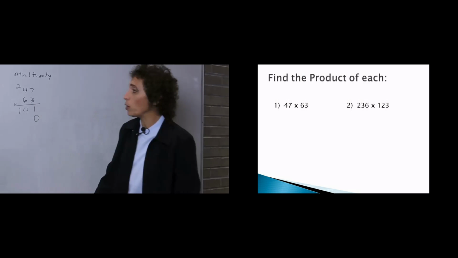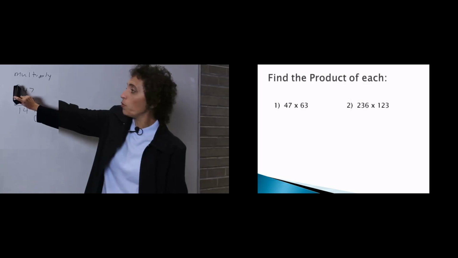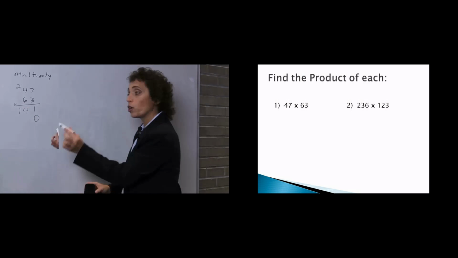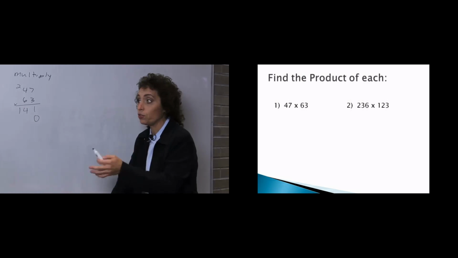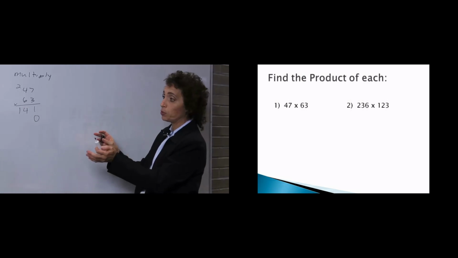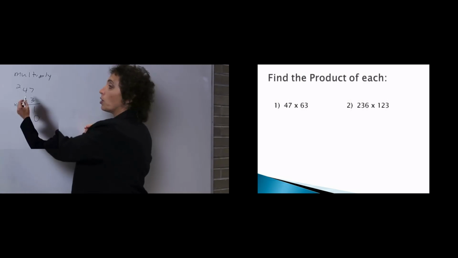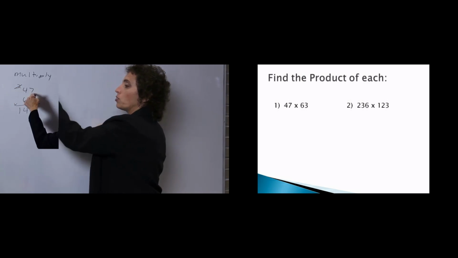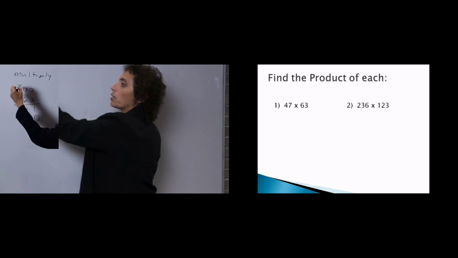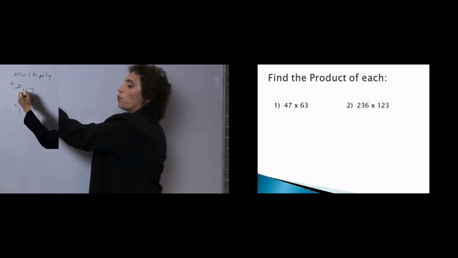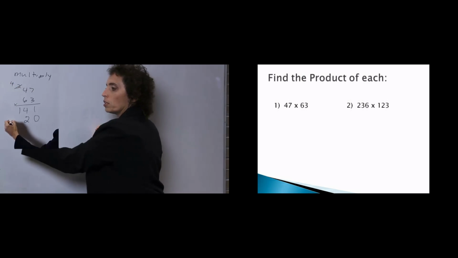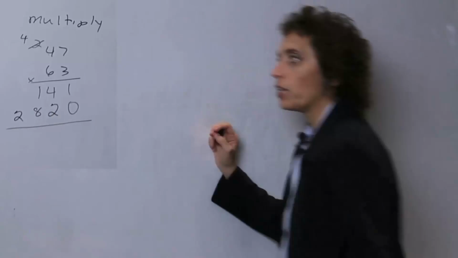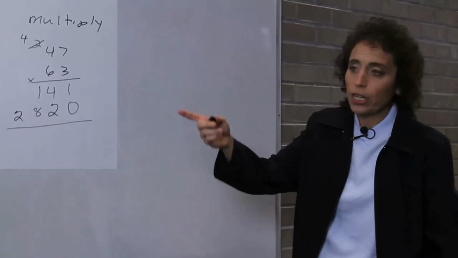Now, here's the other thing you might want to do. This is the stuff you used before when you carried. You may want to cross it out or erase it so that you don't confuse it with what you carry now. I see a lot of people doing that. That's up to you. So you might want to cross it out and go 6 times 7, that's 42. Carry the 4. 6 times 4 is 24, plus 4 is 28. So now that you have that, we're going to add that.